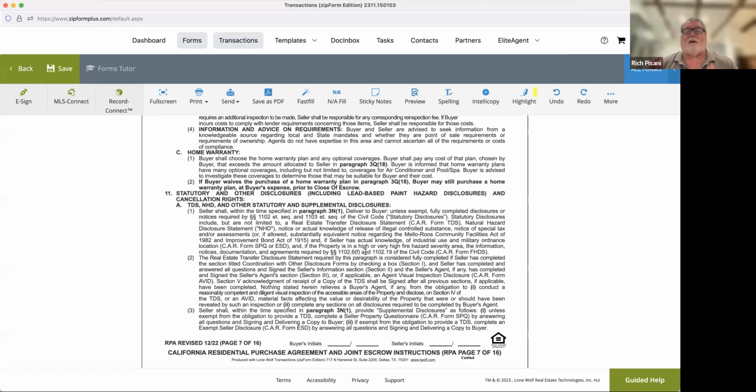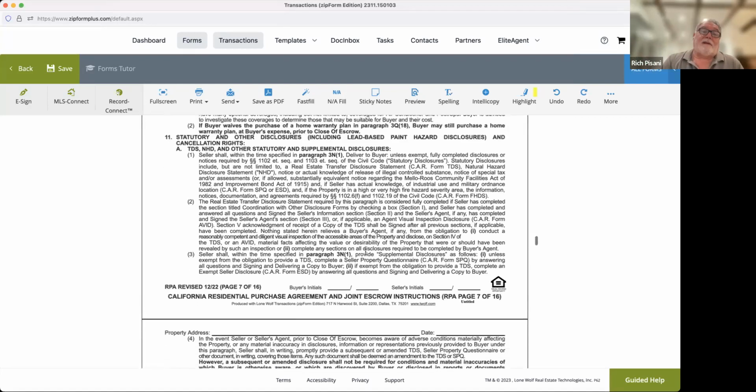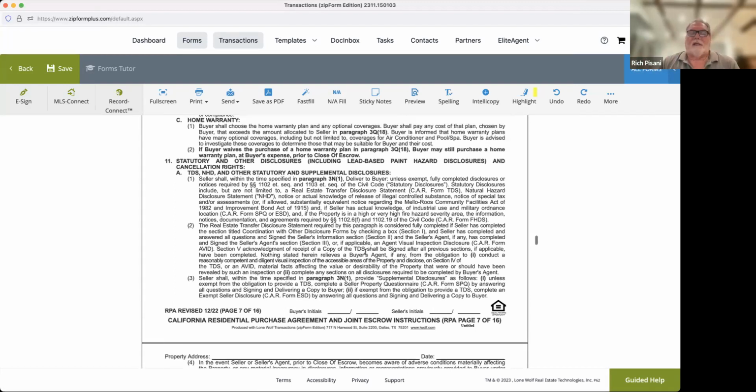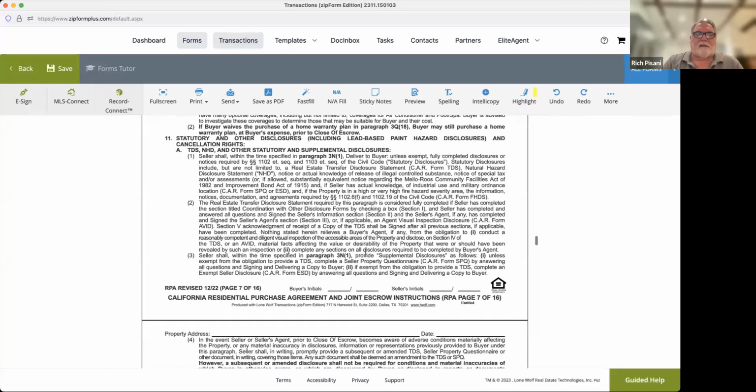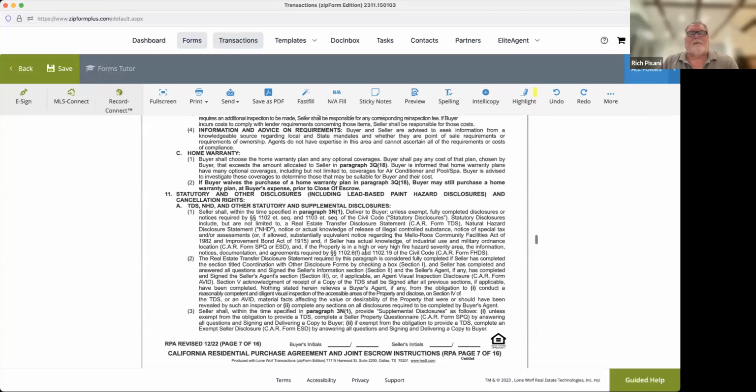So these are all required by law. So a seller cannot say, I'm not going to fill that out. It's required by law. And if they still refuse, then you go to the buyer saying the seller is refusing to do this, and then the buyer can back out because they don't have it. Any questions on this page?